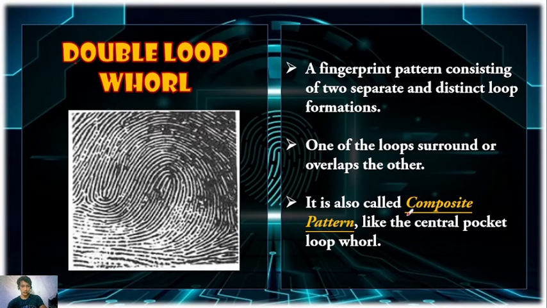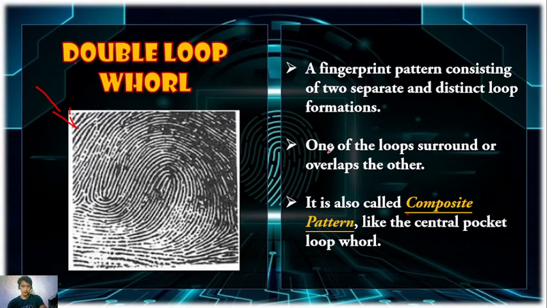Okay, so still this is considered to be a composite pattern, like the central pocket loop whorl. Okay, ito ang double loop whorl, sabi dyan, it is two separate and distinct loop formations. So as we have here in our illustration, mapapansin ninyo two loop formations that are interlocking.